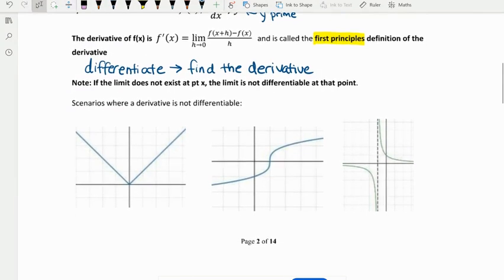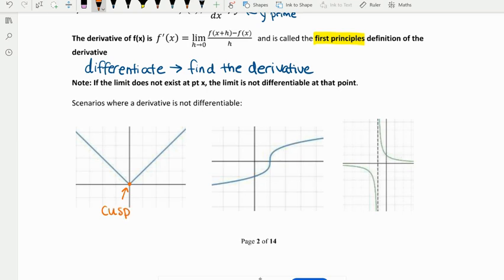There are some other instances, examples here, where you cannot have a derivative at a certain point. So first one is when you have something called a cusp. This is the absolute value function. When you have a sharp corner in a function, you call it a cusp.